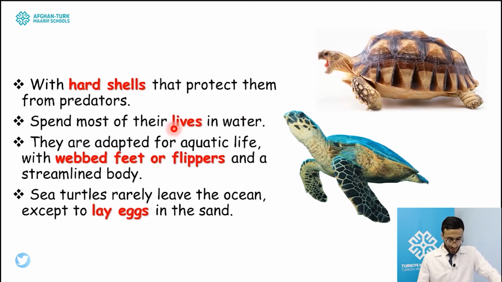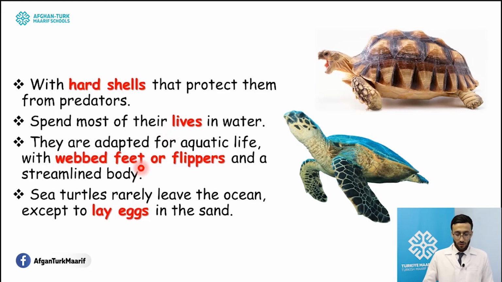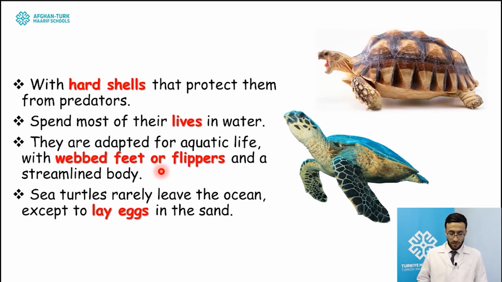About the tortoise, we can say that most of their life is spent inside the water. They only get out of the water when they want to lay eggs. They are adapted for aquatic life with webbed feet or flippers and a streamlined body. So they are mainly well developed for both aquatic and terrestrial environments.